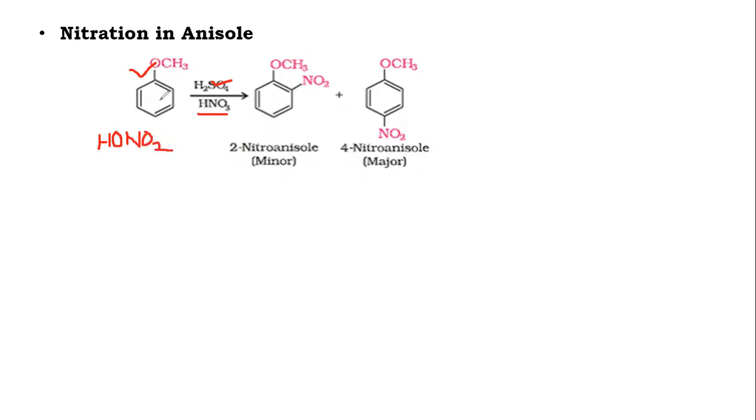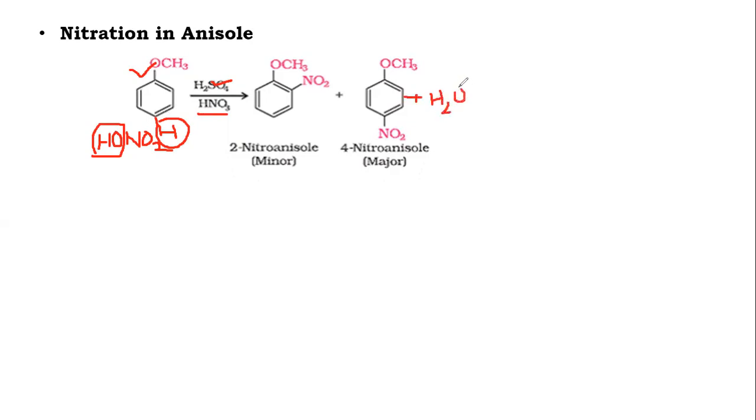So the OH group of nitric acid will combine with the hydrogen of the benzene ring of the anisole, the para-hydrogen, to form a water molecule as byproduct.